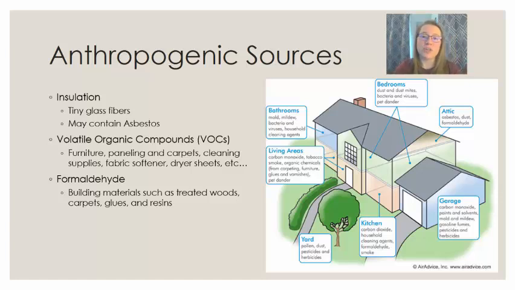And that means it's treated with some kind of chemical. It might be formaldehyde, it might be a different chemical. And that particular chemical prevents the wood from rotting prematurely, which helps build these strong structures that are not going to rot away. However, a lot of the chemicals that are used in that treating process can slowly emit back into the home.